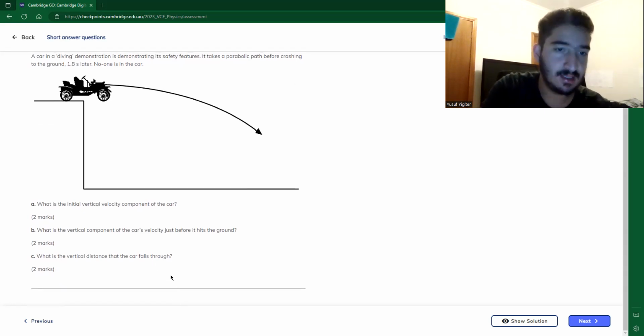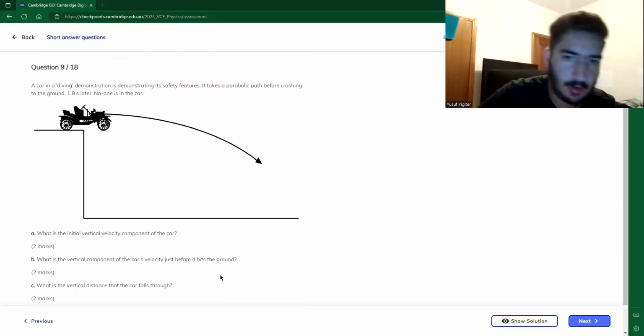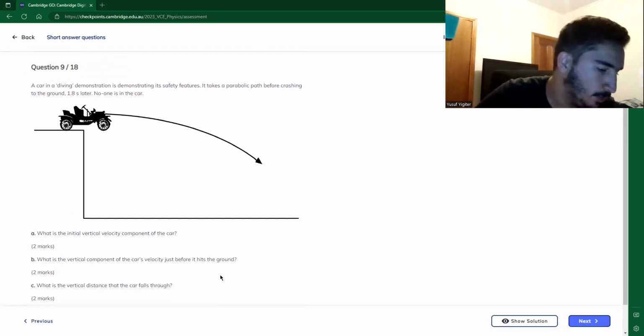Right here, on to question C. What is the vertical distance that the car falls through? Okay, now we're going to use a different formula. I'm finding distance, right? Vertical distance.